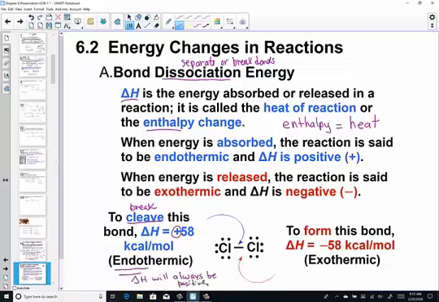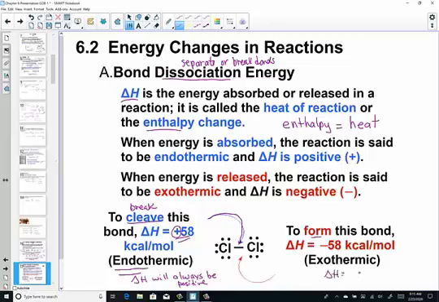Because it requires energy. Think of it as a reactant on the left side of your arrow. It's required. You have to input energy to make the reaction occur. And notice this is just pointing to the breaking of the bond. To break the bond requires energy. Now, opposite of that, to form the bond releases energy.